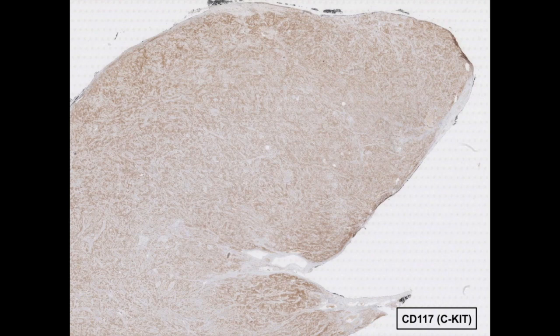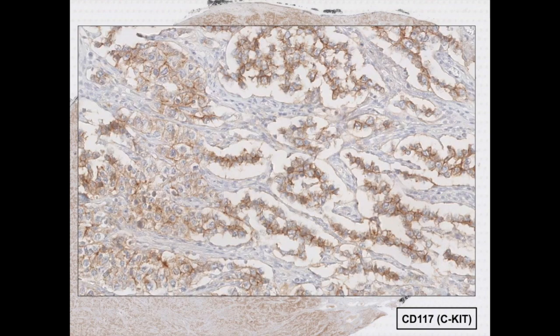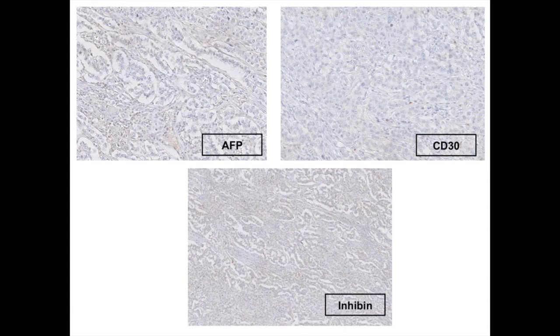At this point, we think of these two entities, and c-KIT, which stains with high sensitivity and specificity for dysgerminoma, in this case is positive.